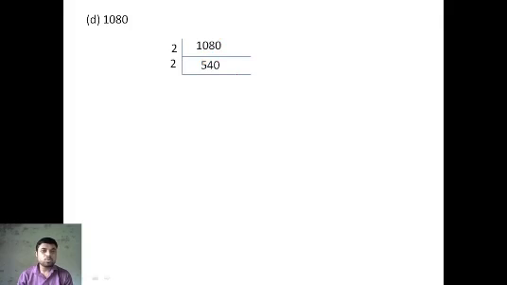Now by 2, 54 gives 27, and the 0 will be here. Next by 2, 2 ones are 2, so 1, and 70 gives 35. Either do it mentally or by this division method, but don't make any mistake. Is it clear, my dear students?